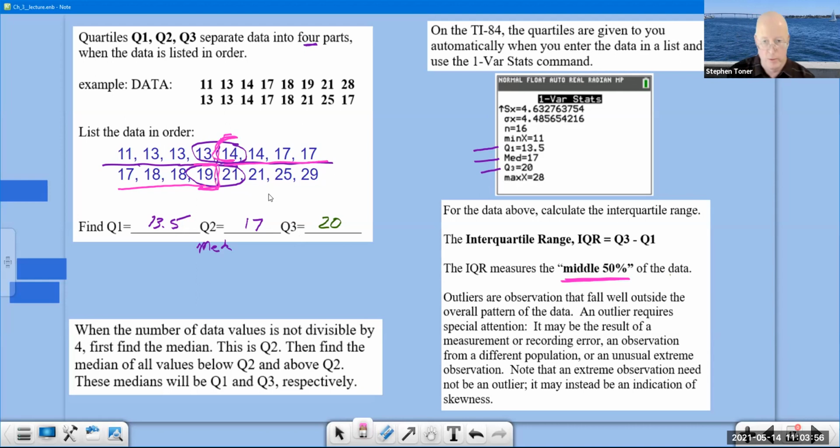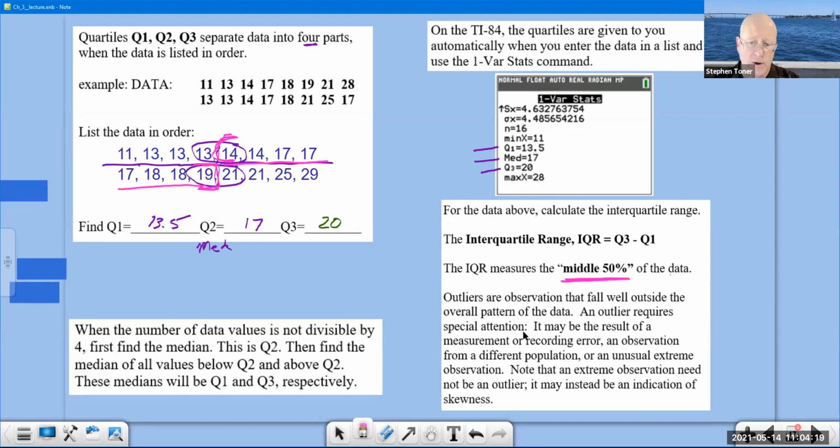Now, we will see that represented visually when we get into the box plots that we're going to be looking at. Now, outliers are going to be considered to be observations that fall well outside the overall pattern of the data. Now, that will be to the far left or to the far right on a number line.